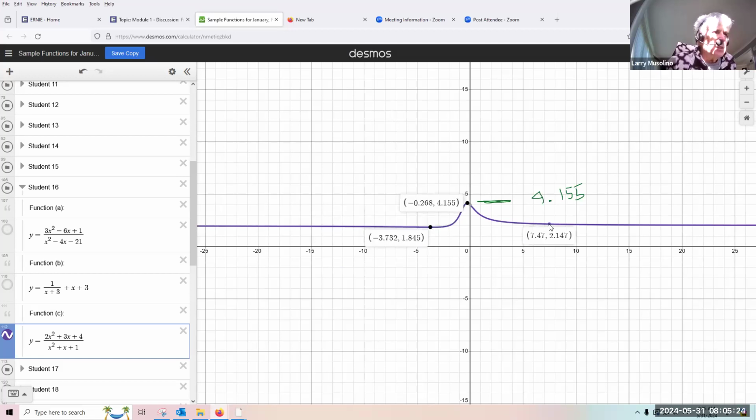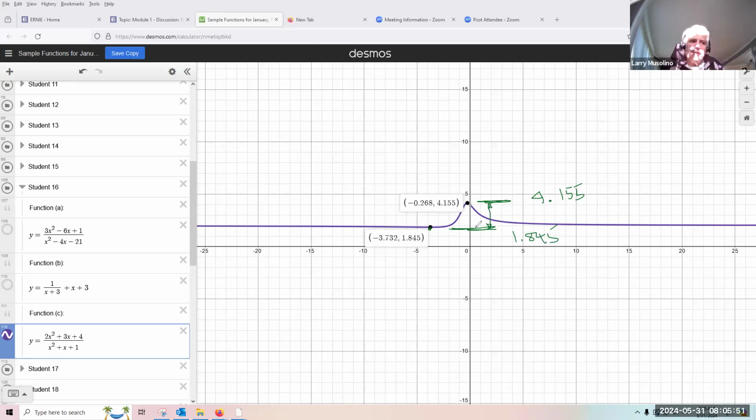Let me click over on this side. Yeah, this side looks like the y values are above 2. And so let me come over here, and I'm going to say 1.845 is this bottom value here. So this is 1.845. And that's really the range, because that's the vertical span.